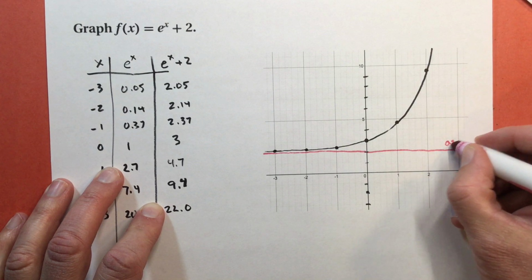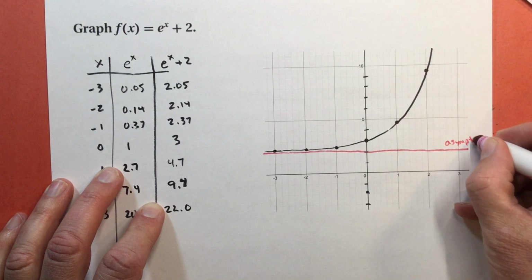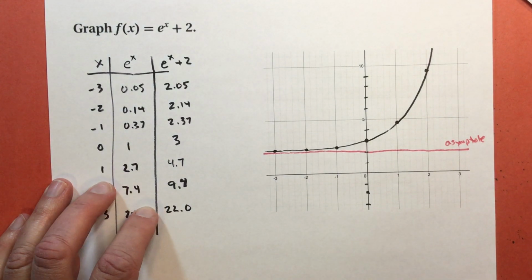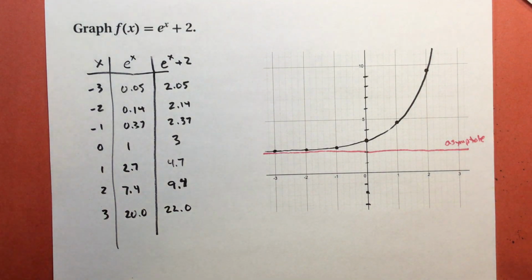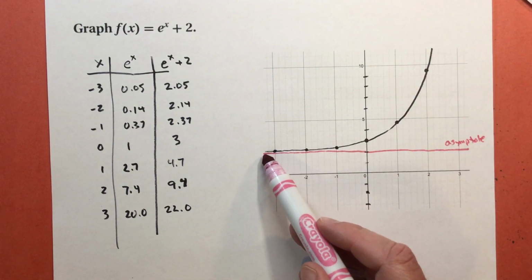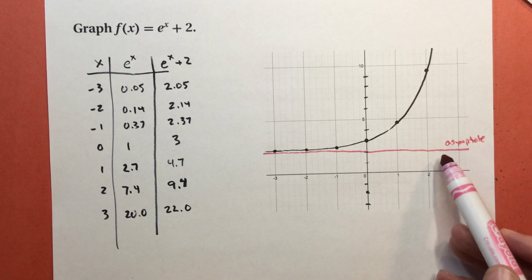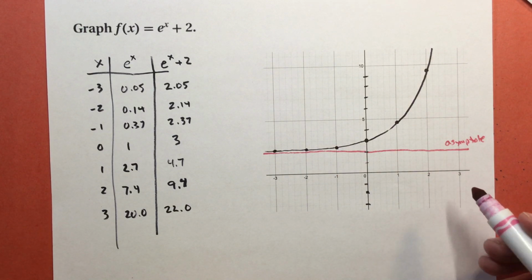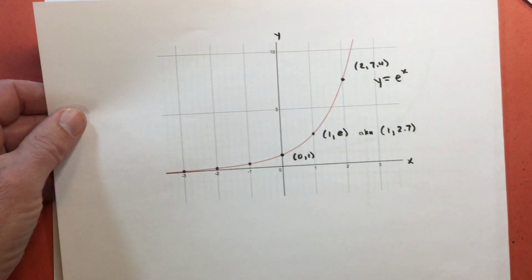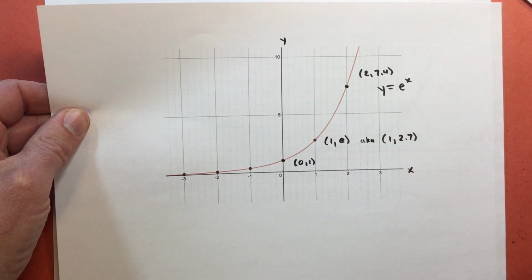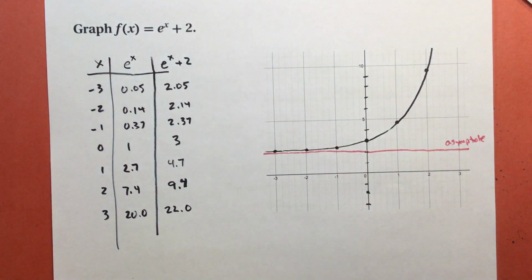This is called an asymptote. That'll be coming up in a couple sections, but it's a very important idea in math. So this graph comes down close to this line, which is actually y equals 2, but it never touches it. The original function, the parent function, the asymptote is actually y equals 0, which is the x-axis.